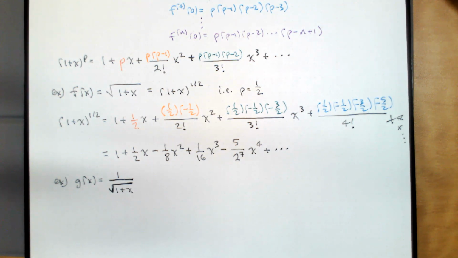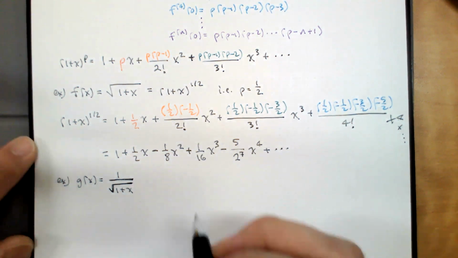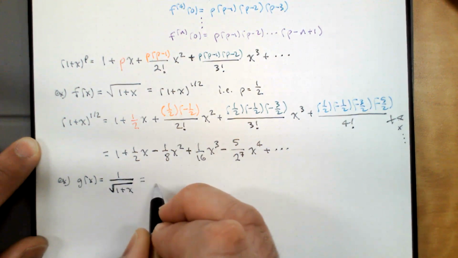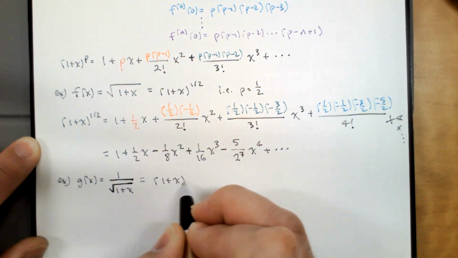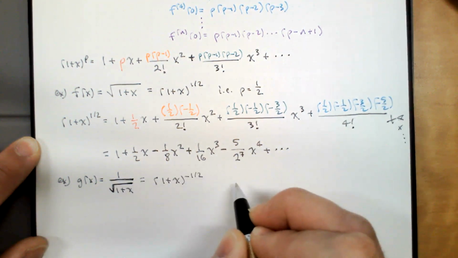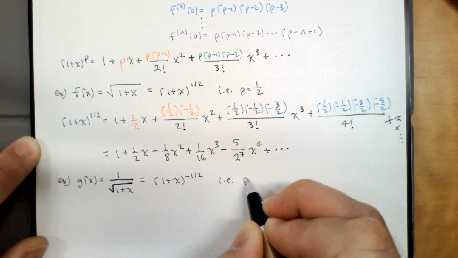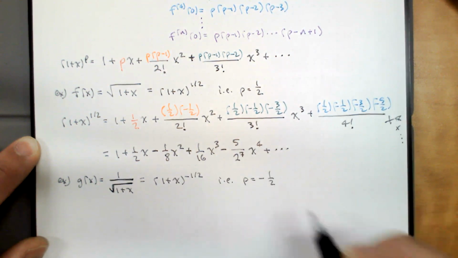We want to write things as a power of a binomial whenever we can. So I'm going to write this as 1 plus x to the negative 1/2. So in this case, p will be negative 1/2.